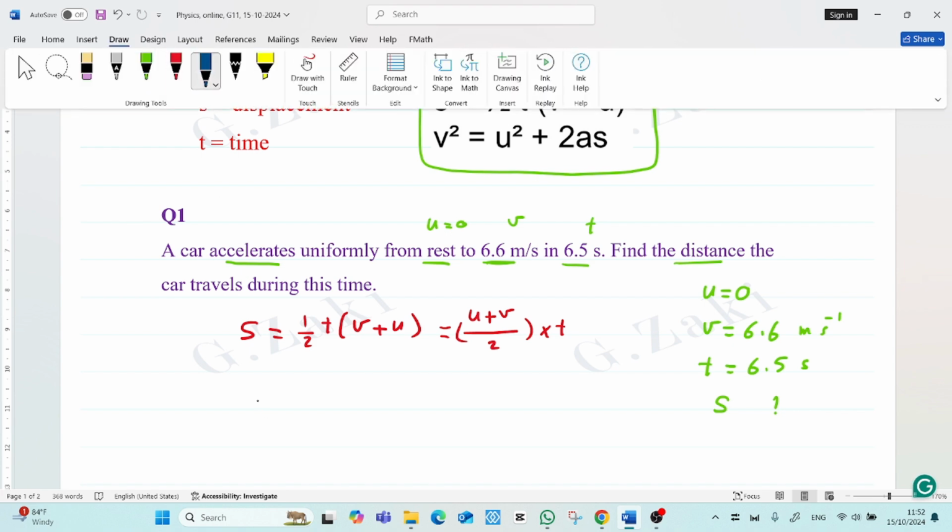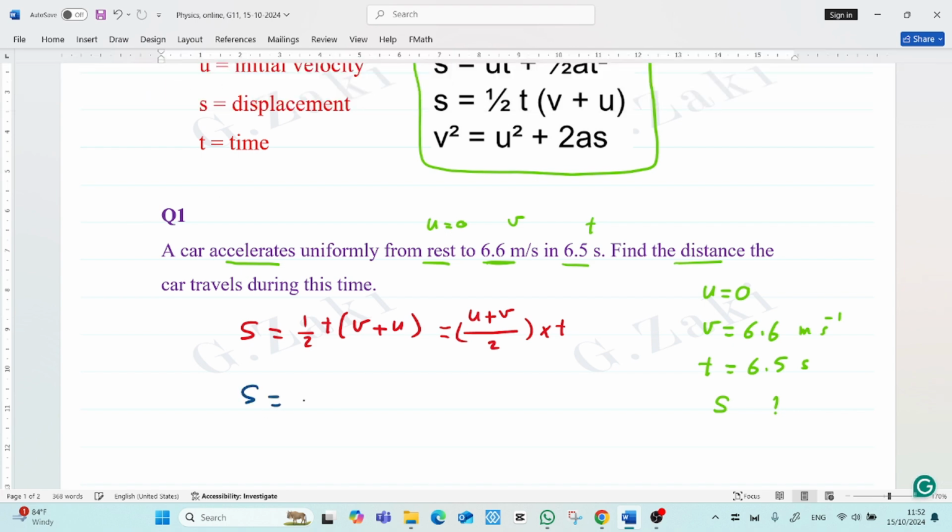Now substitute. So S equals half multiply the time, which is 6.5, multiply open bracket V plus U, V is 6.6 plus U is 0. The answer is 21.45. The unit is meter.